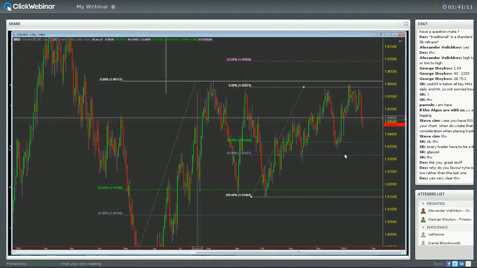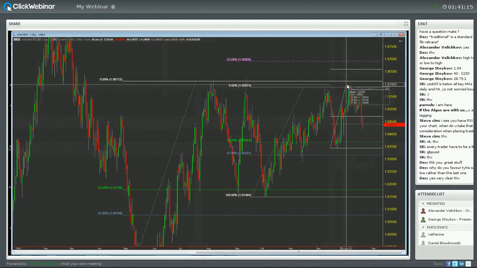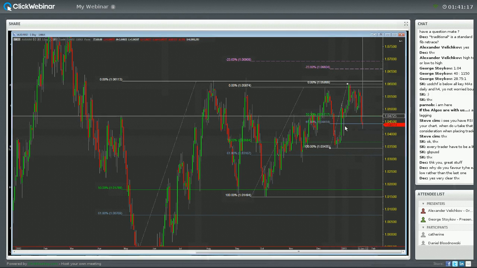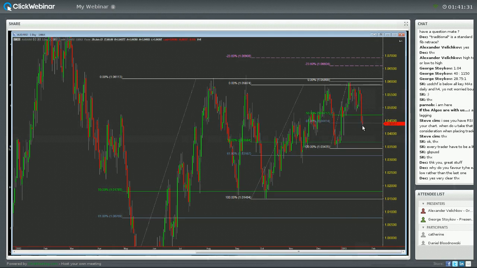Of course, the level that I was talking about that the Aussie failed is this one. We would expect this to maybe validate support over there. On observation, you would have micro measured move longs moving away from this level somehow. But we didn't get that. We just plunged straight away.